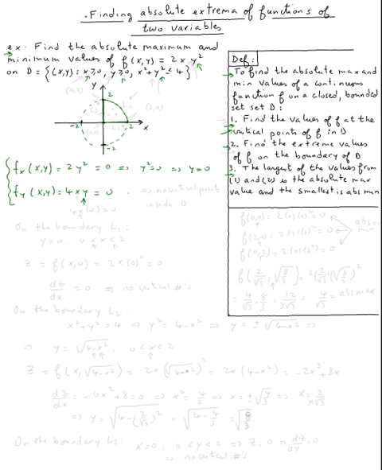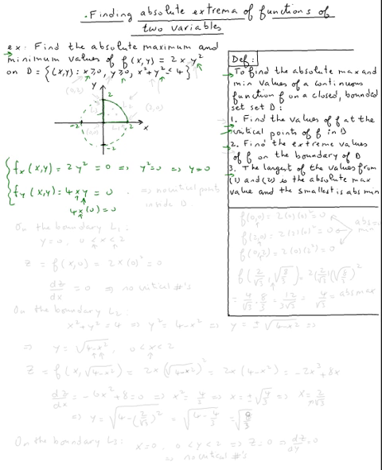y is equal to 0, but x could be anything, right? Because 4 times x times 0 will give you 0, so x could be anything. However, we know y equals 0 means what?